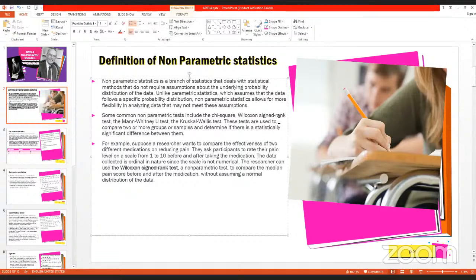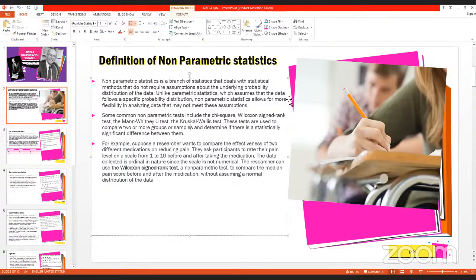So to understand it in a better way, there is one example given. Suppose a researcher wants to compare the effectiveness of two different medications on reducing pain. They ask participants to rate their pain level on a scale from 1 to 10 before and after taking the medication.